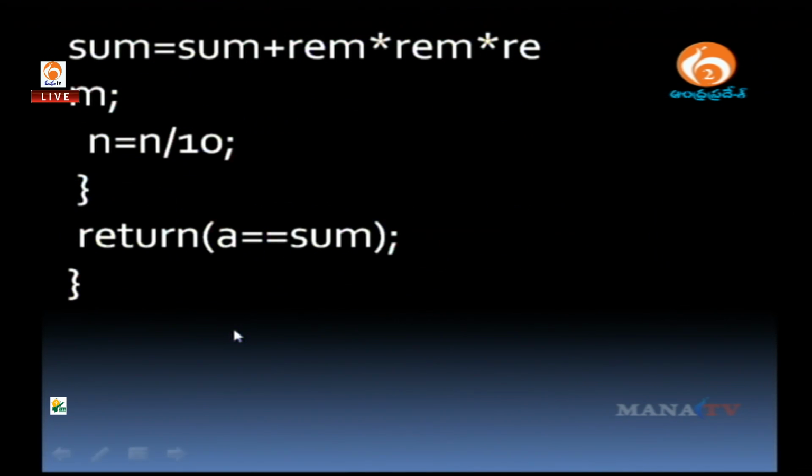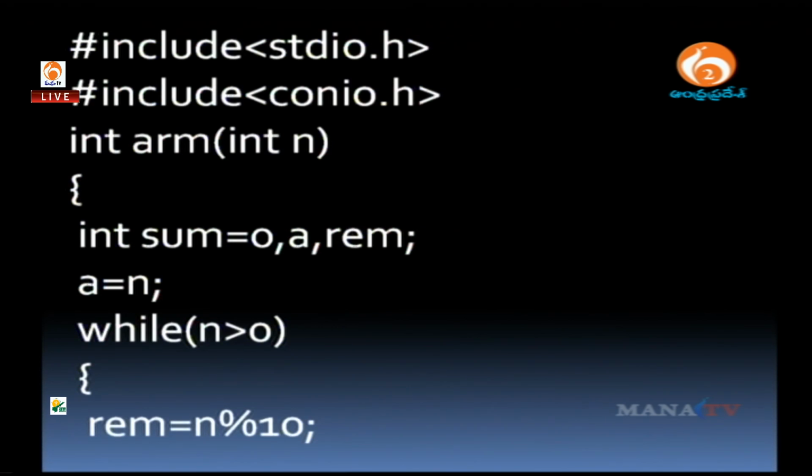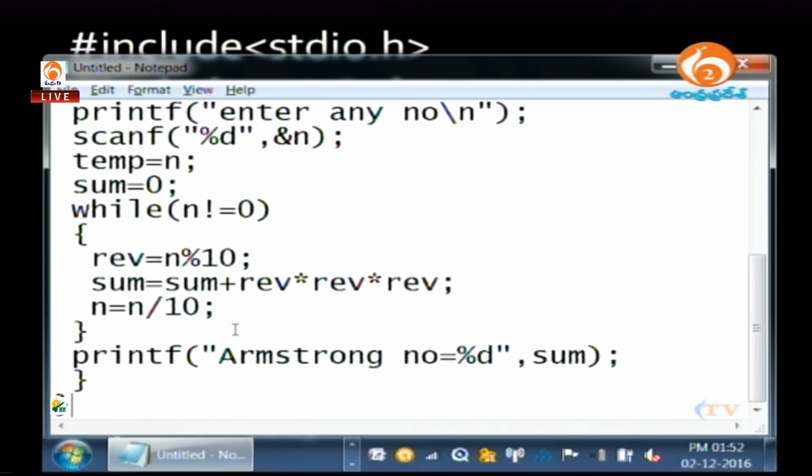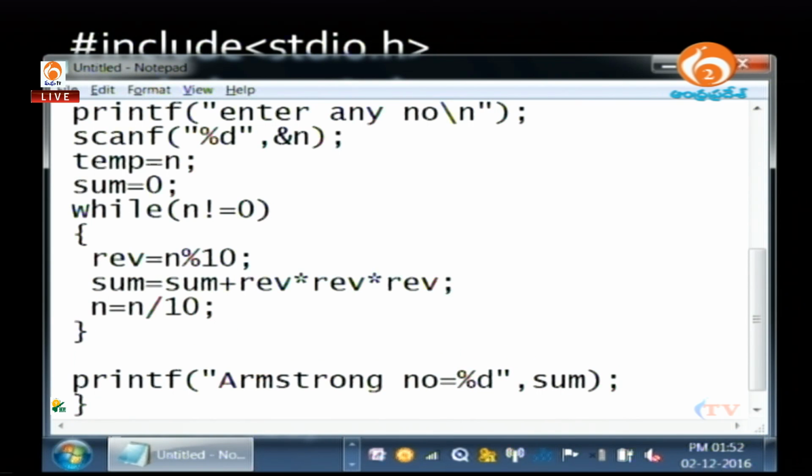So the same thing we are doing here. The sum of the cubes of the given number must be equal to the given number. So how do we check it? We already declared one temp, so we compare sum with temp.